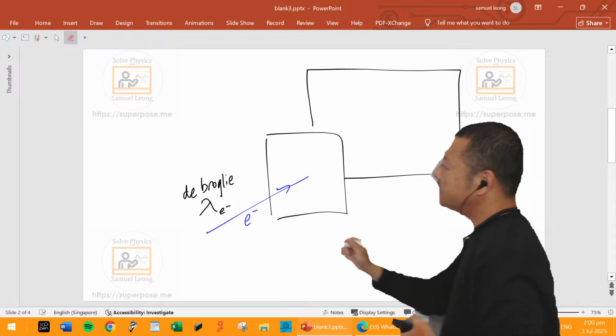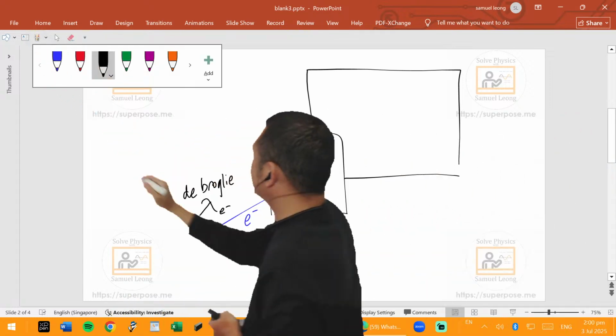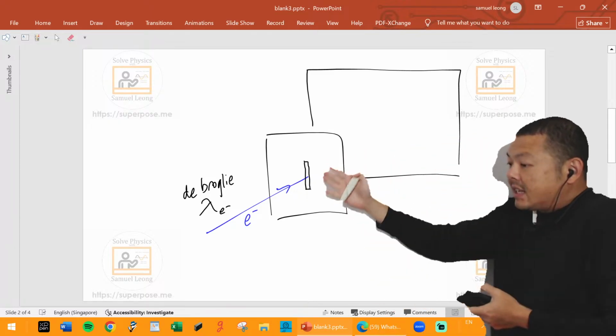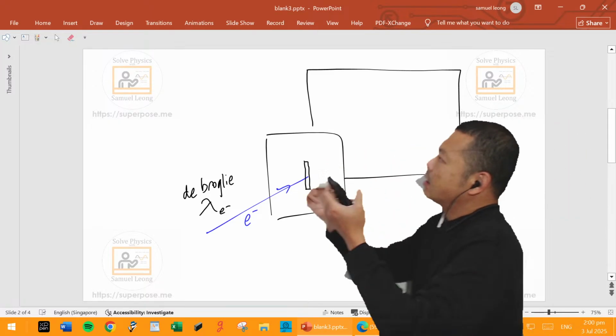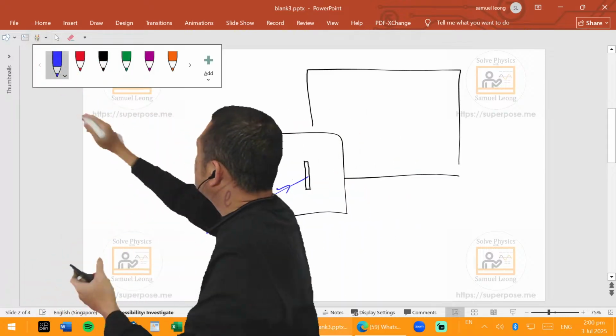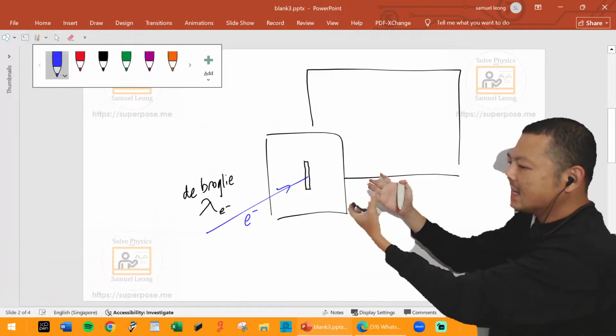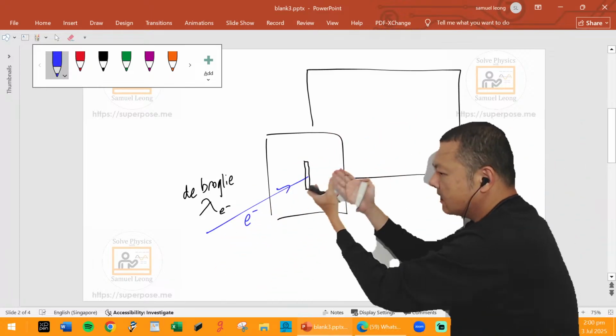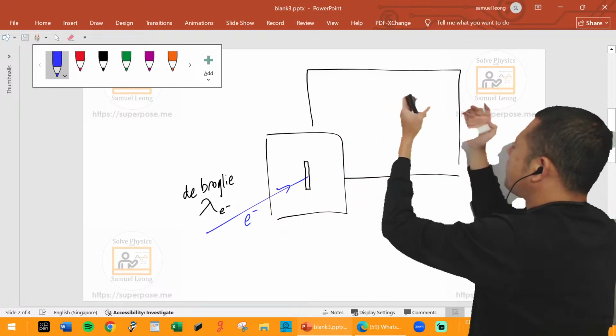So I'm changing this now to a single slit. Single slit like this. And this is the screen. What does the pattern look like on the screen? A single wave going into a single slit, and what kind of pattern do you get?